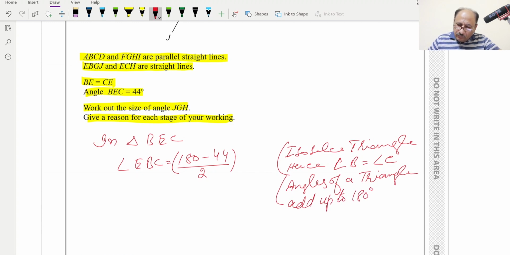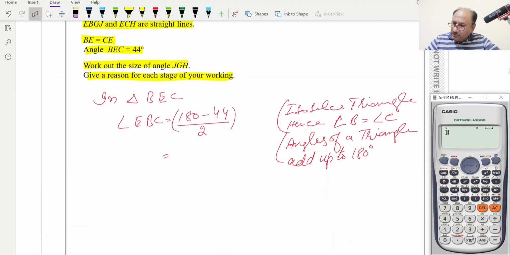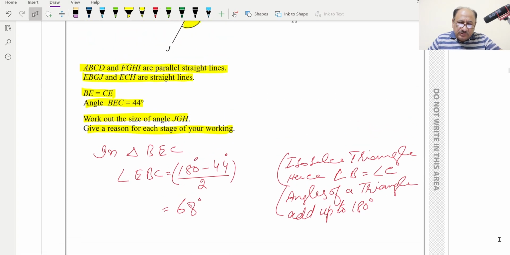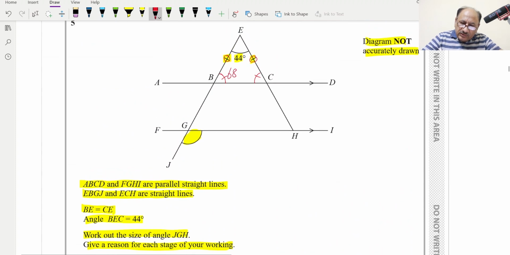This one also we can provide as the reason, and this will be how much? This will be 180 minus 44 divided by 2, and this is equal to 68 degrees. This angle we found, this one is 68 degrees. So angle BGH will also be 68 degrees.